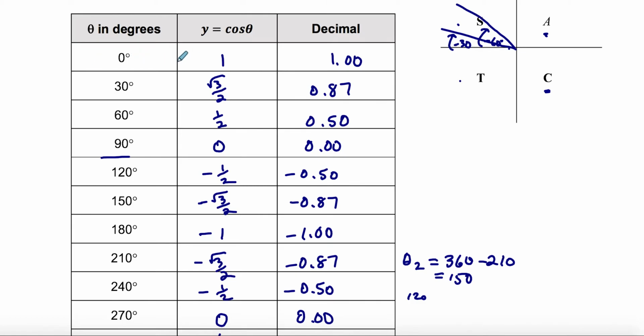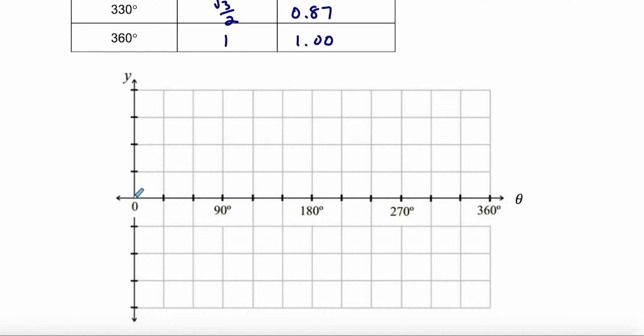So if we go to graph this, when we're starting at 0 degrees, we're actually up at 1. So this could be 1 and this could be negative 1. And the cosine function is actually starting here. Then we would head to 0.87 and then 0.5, 0, and then we're making our way to negative 0.5 and negative 0.87 and then negative 1, and then back up again.